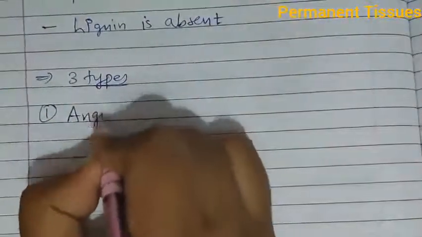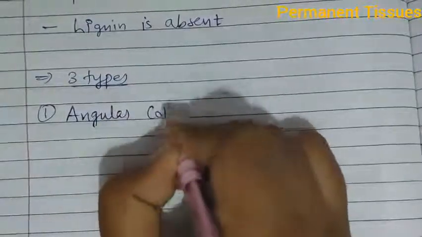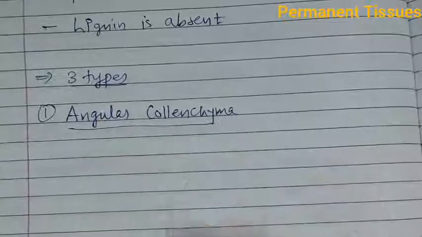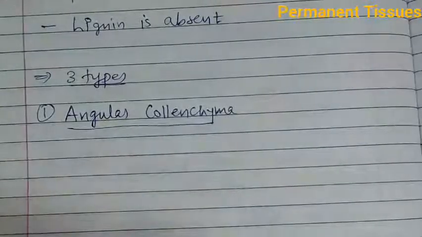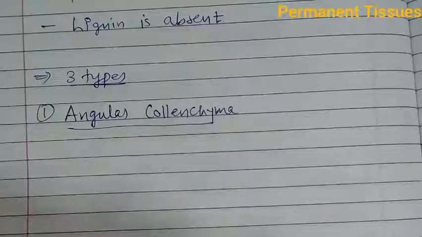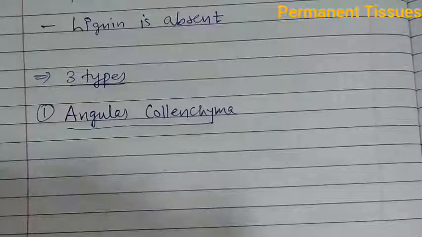Now this tissue is of three types. Number one, the first type is angular. Angular types are those in which the angular walls are thickened.